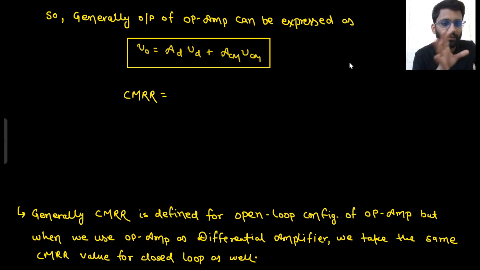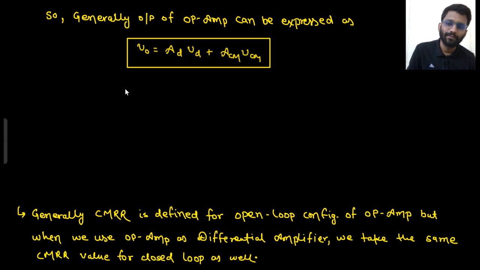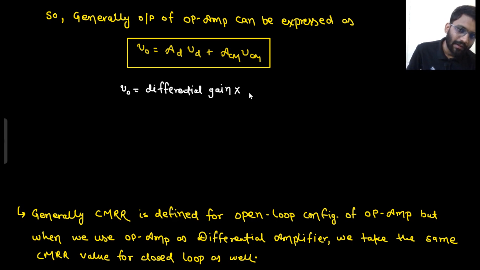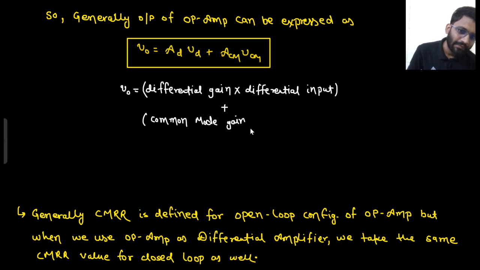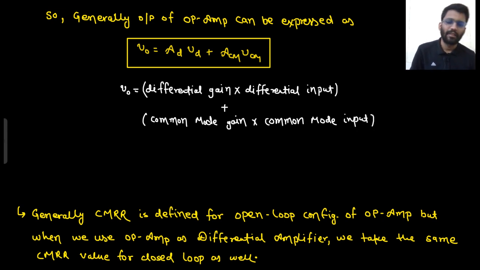Generally, the OpAmp output can be shown as AD into VD plus ACM into VCM, or I can write V naught is equal to differential gain into differential input plus common mode gain into common mode input. Right, so this is how it is defined.